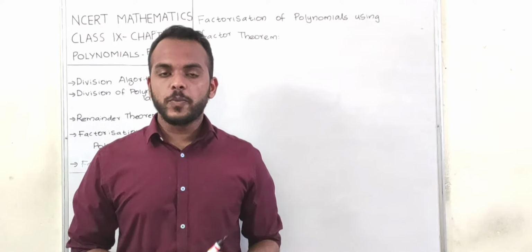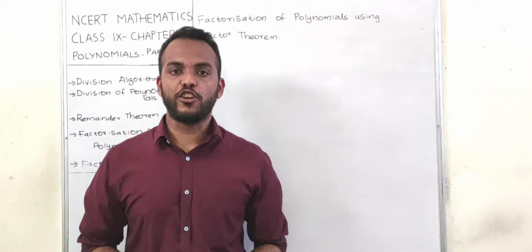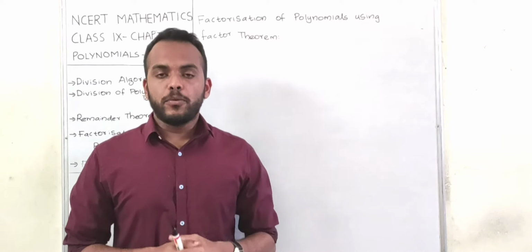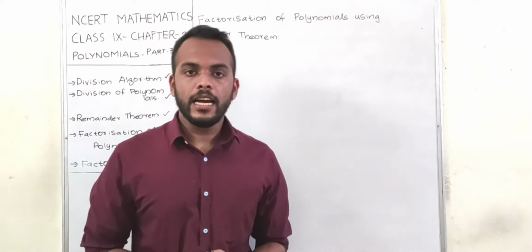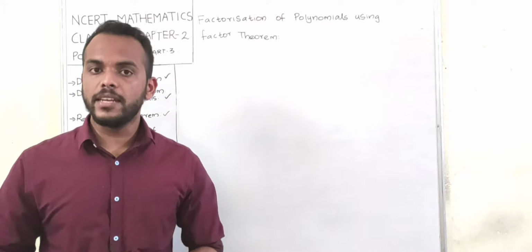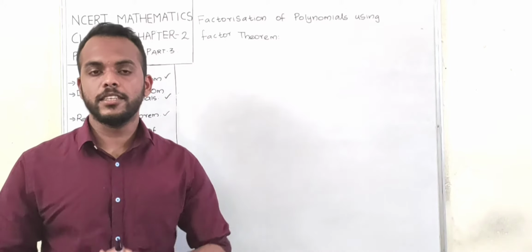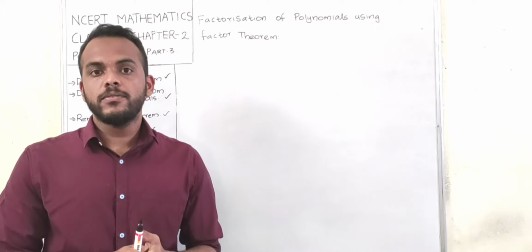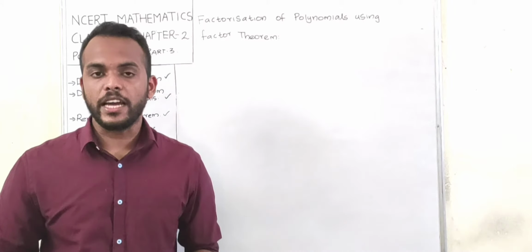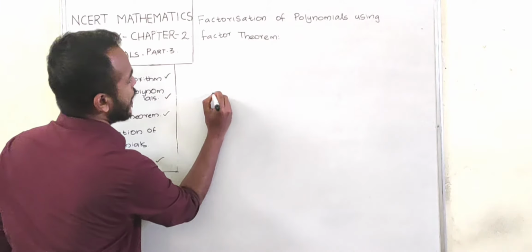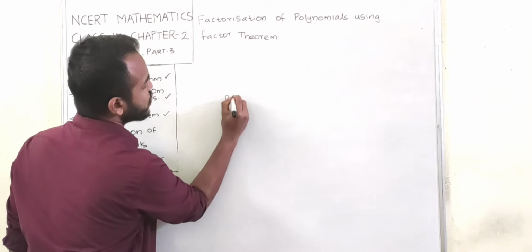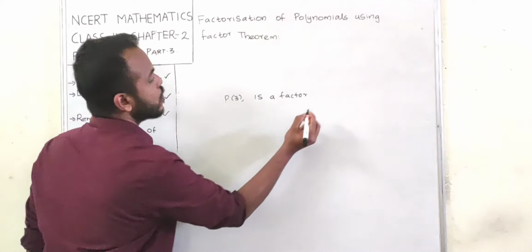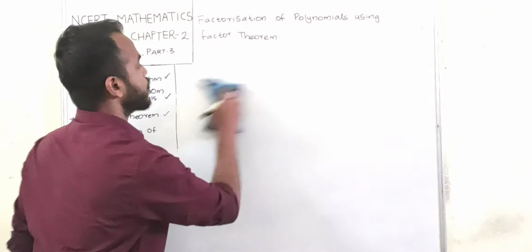Now let's move on to the last part of this section, factorization of polynomials. And we use factor theorem to factorize the polynomials in this section. Let's see how it is done. So far we have learned what factor theorem is, right? When will you say a polynomial is a factor of another?